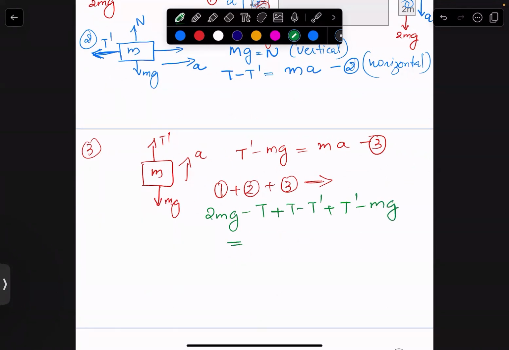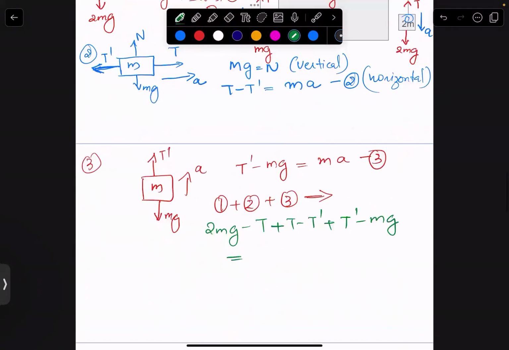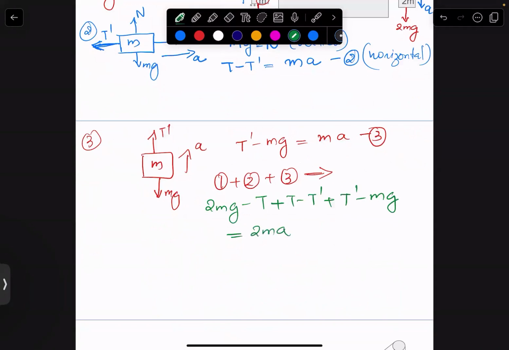LHS is 2ma from the first, then ma from the second, and ma from the third.